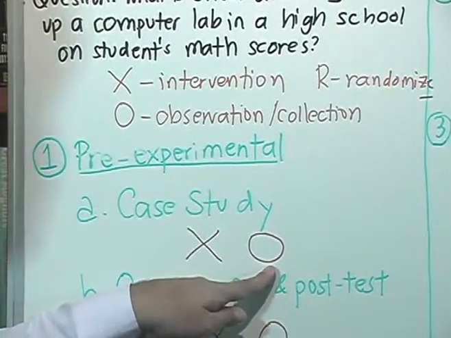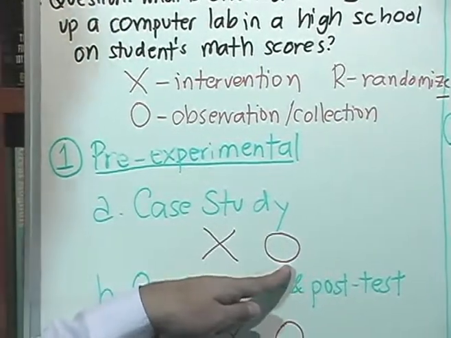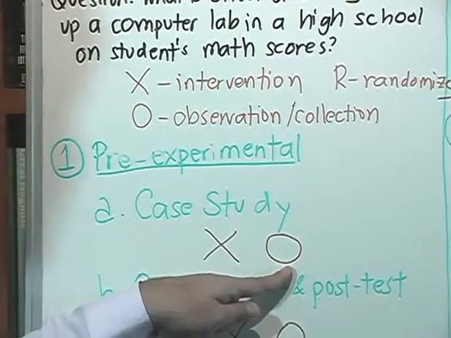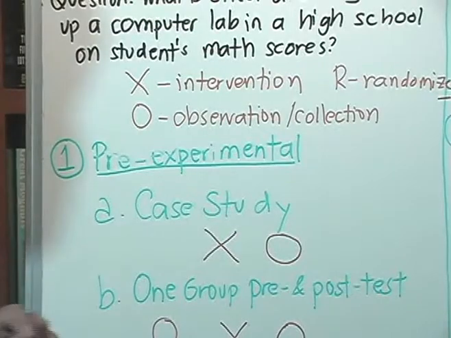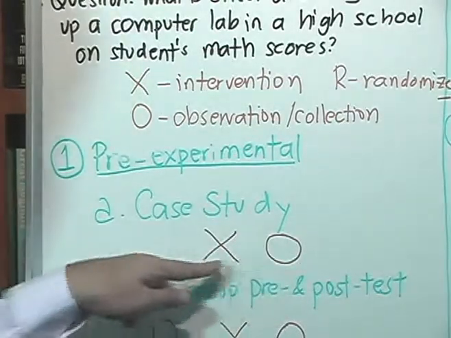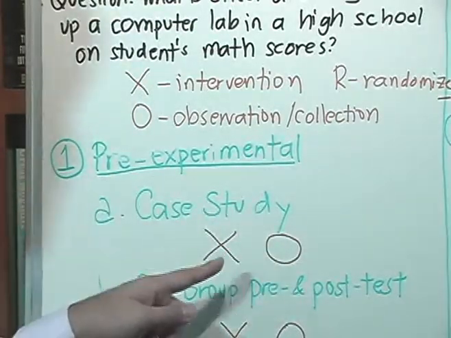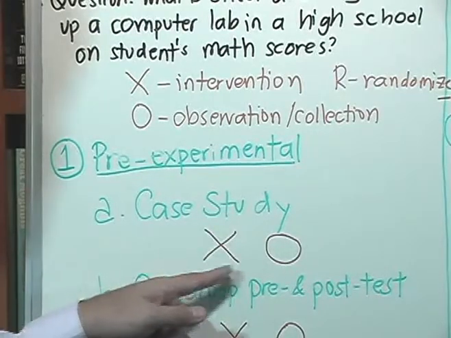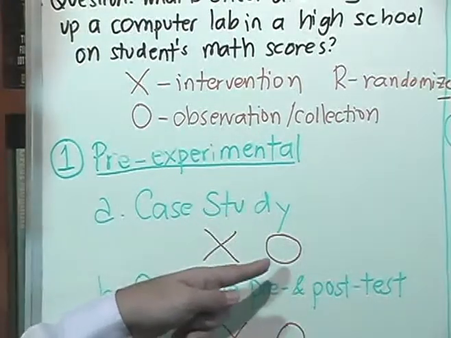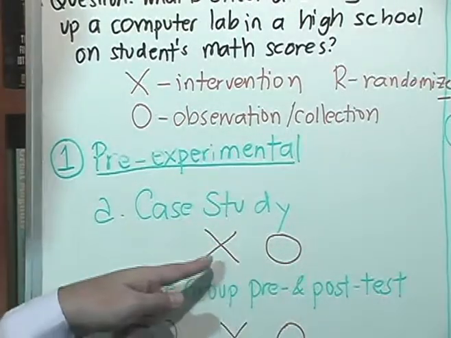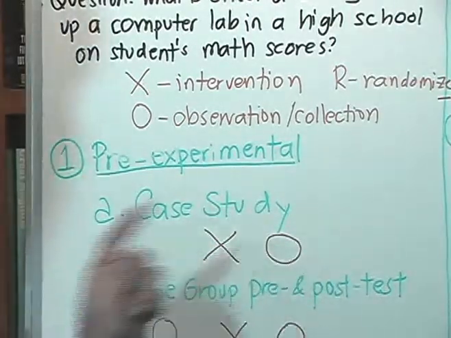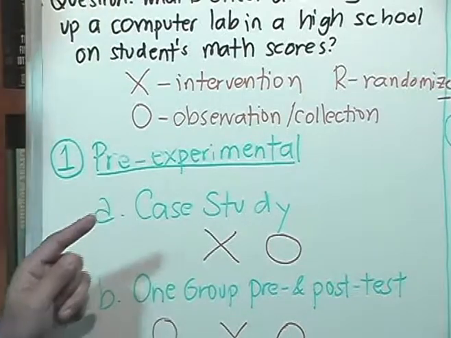So you will interview students, for example, or look at their test scores in math, and based on that, make certain conclusions. Obviously, if you look at this design in terms of its level of accuracy or of the level of evidence that you can collect from this, the case study is not a very good research design in this case.